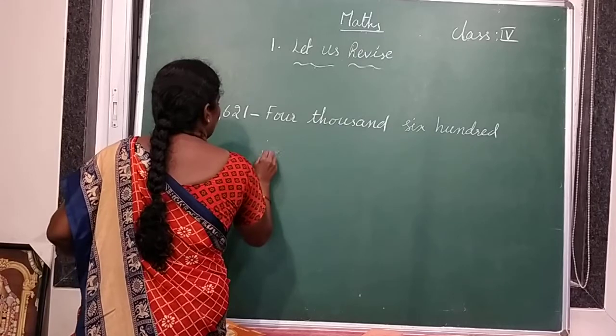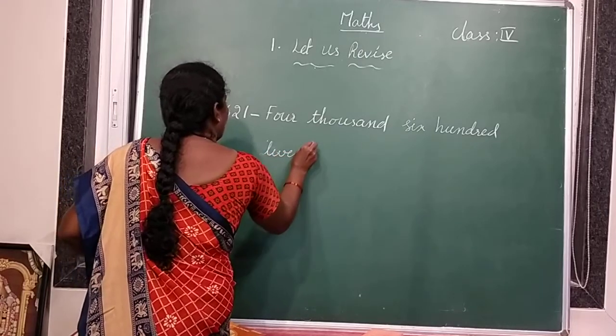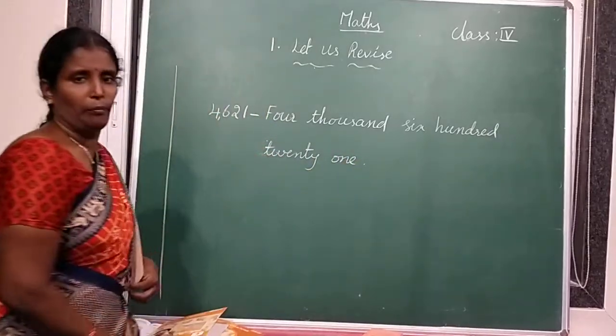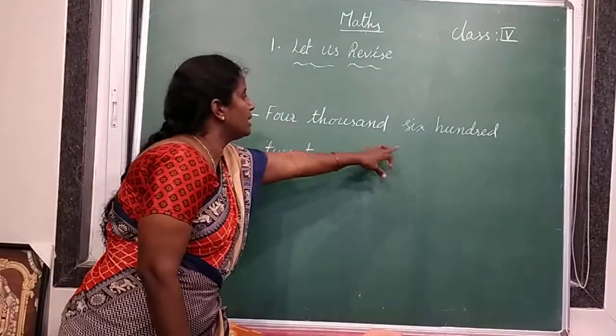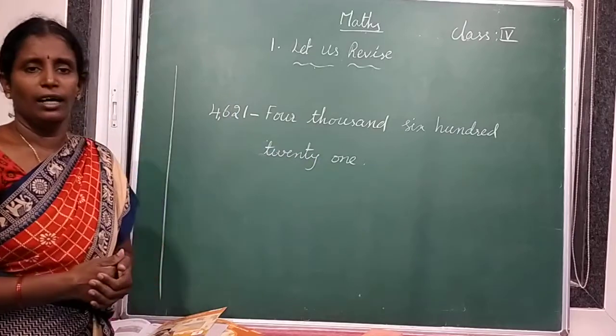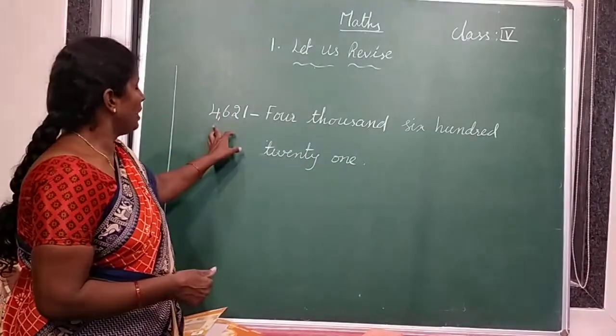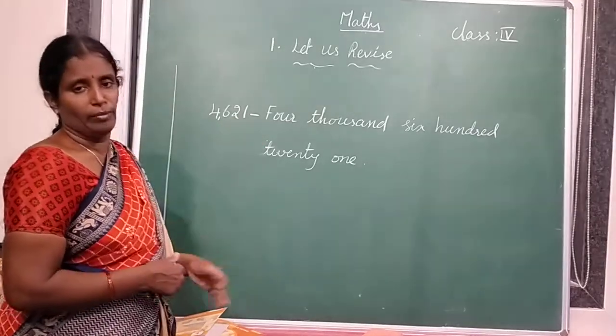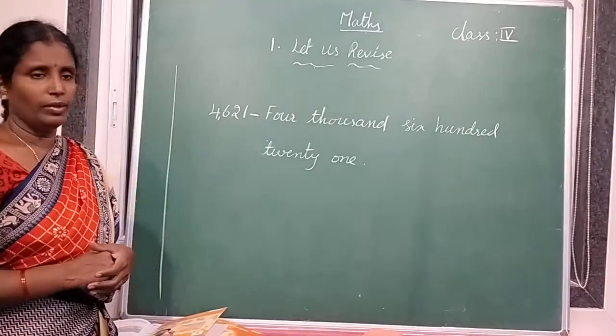Yes. 21. This is the number name. 4,621 is the number name. So what is the number name? 4,621. Is it right? Yes.